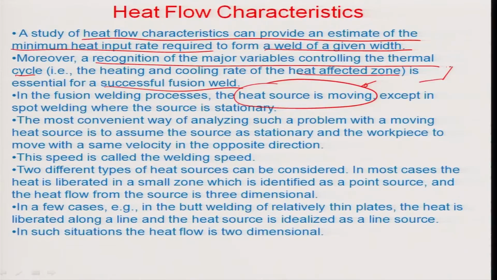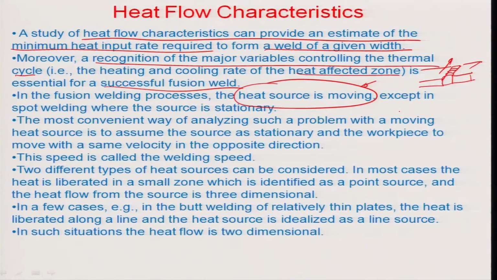So, basically when we are talking about joining two materials in a butt weld formulation, the material is laid out into the plane in this particular manner, and therefore, the heat source typically has to move along the length of the weld.